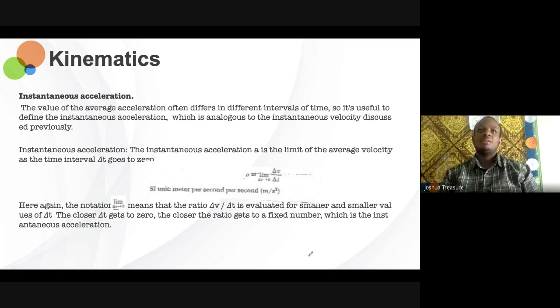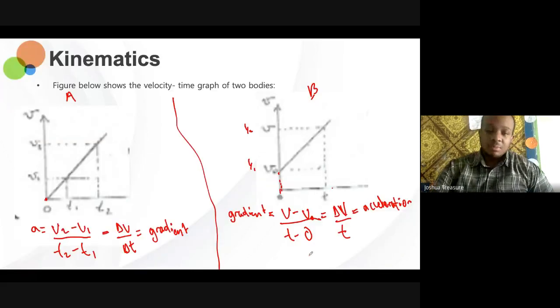So that would mean at a particular instant or at a particular time. So we can find the average acceleration of the body using this graph. But what if we wanted the acceleration at this point?